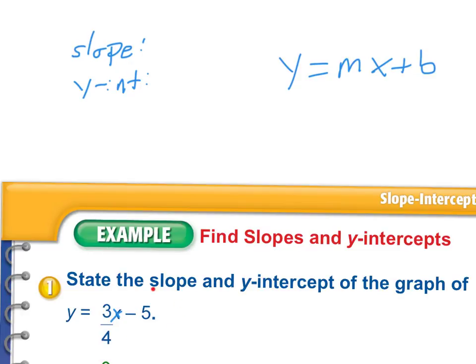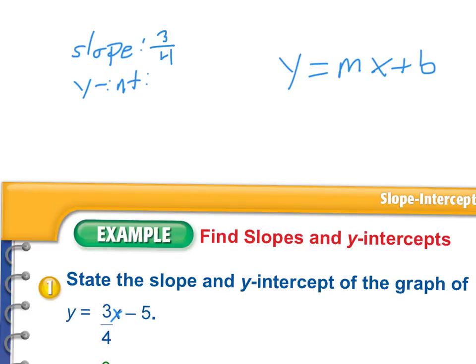So does anybody want to guess what's the slope of this line? 3/4. How did you know that? Because it's the number multiplying the x, right? The coefficient of the x is the slope. When a line is in slope-intercept form, it's that easy. I know the slope is 3/4.